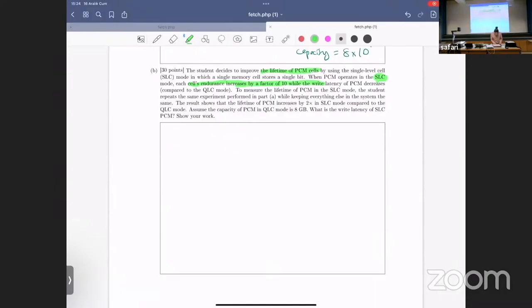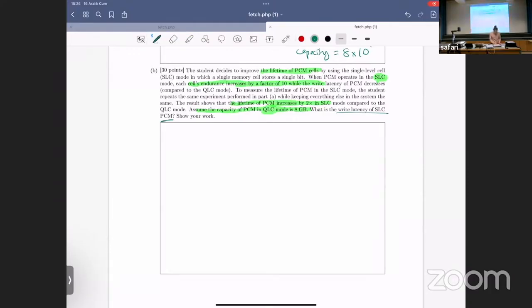It says the lifetime is increased by 2x, and now the capacity of PCM, in not single level cell mode but quad level cell mode, is 8 gigabytes. And now we need to compute the write latency of our new PCM.